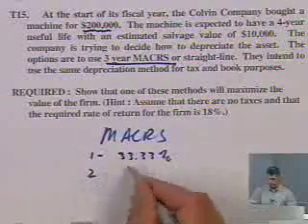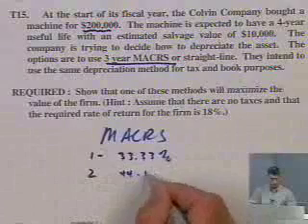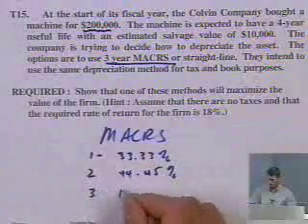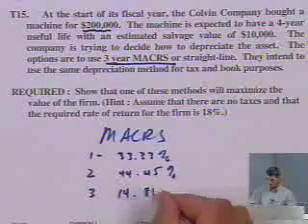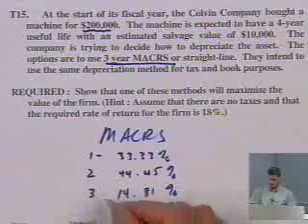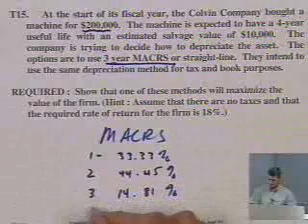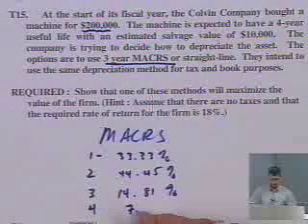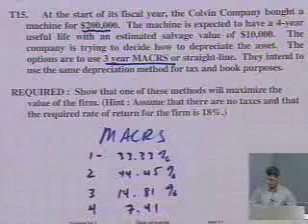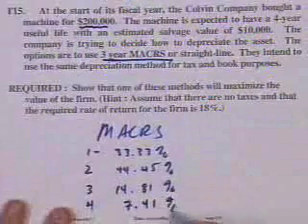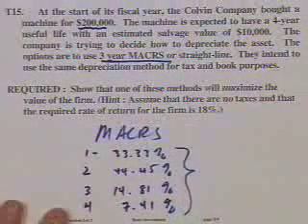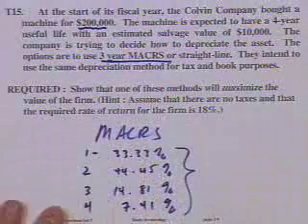Year 2 is 44.45%. Year 3 is 14.81%. And year 4 is the balance, whatever we need to bring it to 107.41%. These are the percentages of the initial asset value that we would use for MACRS depreciation.